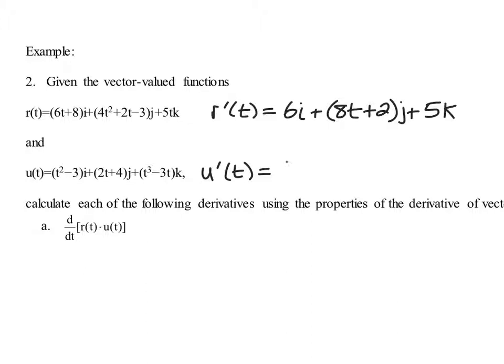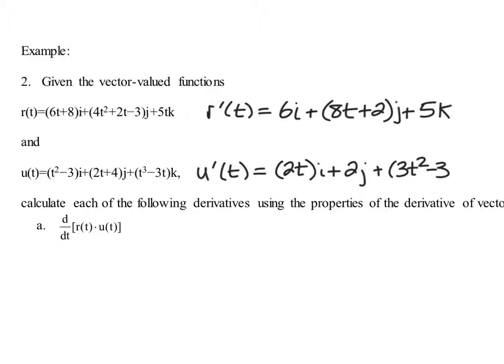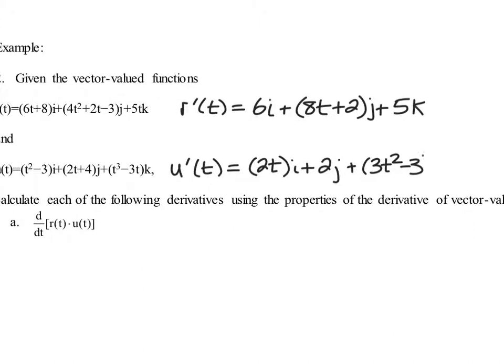And then we have 2t i plus 2j plus (3t squared minus 3)k. And at any point, if you want to kick over to vector notation, you're fine. ijk notation is fine too. They're interchangeable. It doesn't matter.